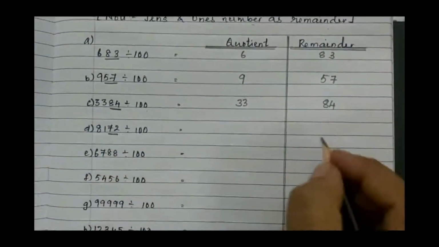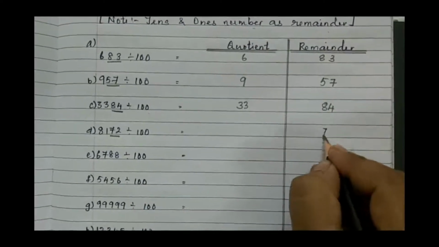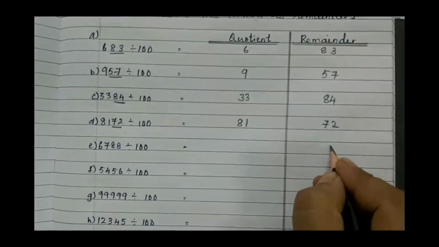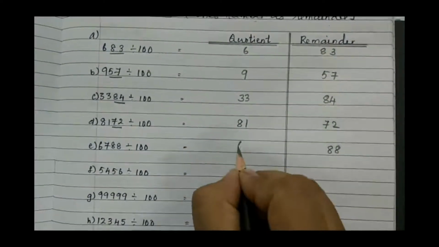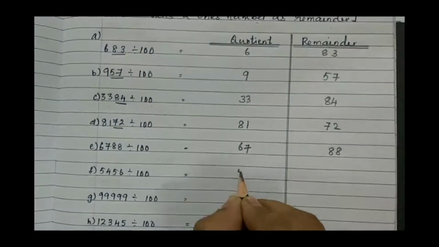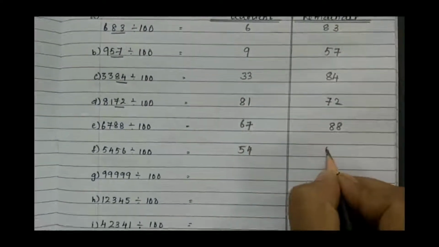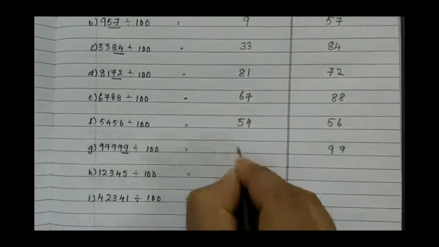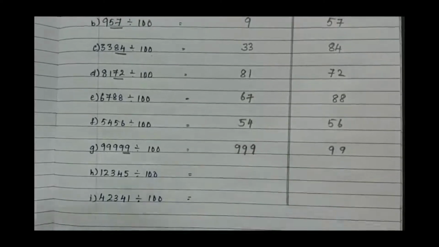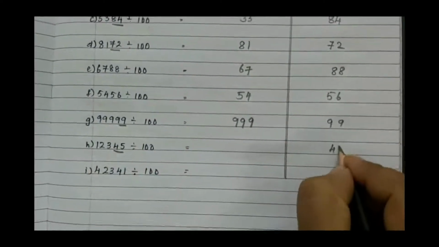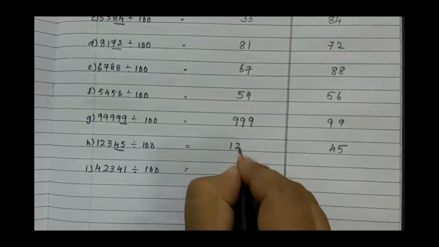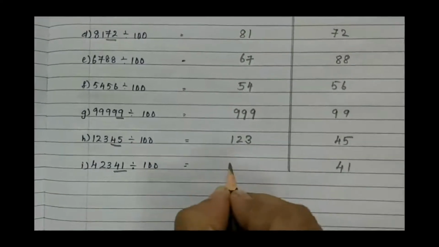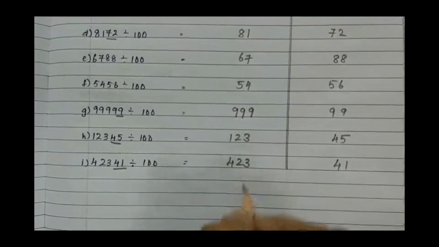Once again, 2 digit tens and ones, that is remainder, 72 and 81. 88 remainder, 67 quotient, 54 quotient and 56 remainder, 99 remainder and 999 quotient. 45 as remainder, 123 as quotient. Once again, 41 remainder, 423 quotient.